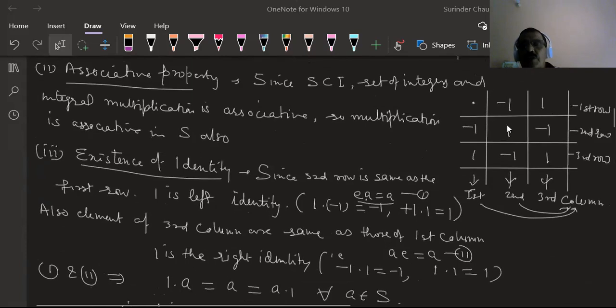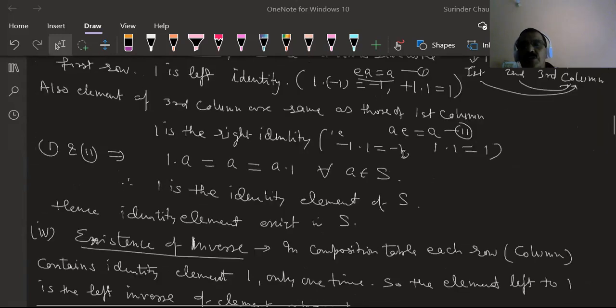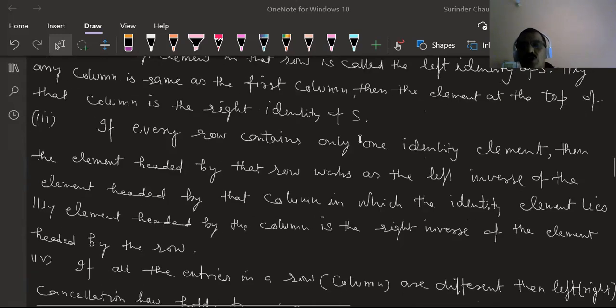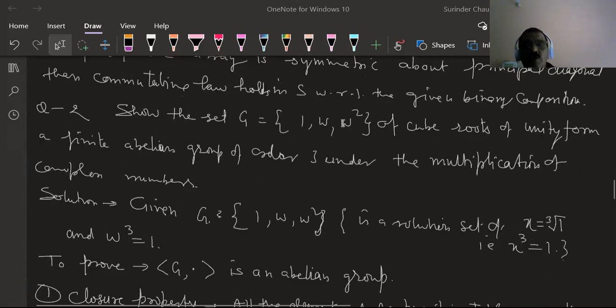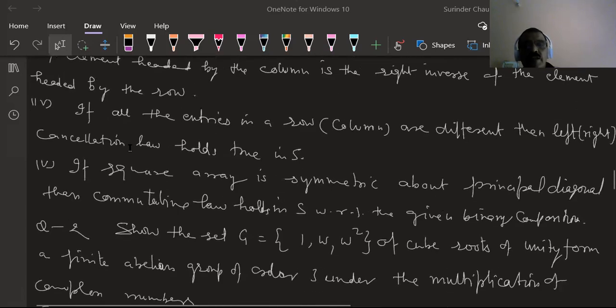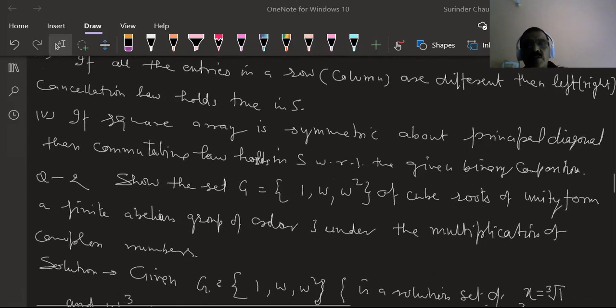If this holds in the composition table, then we say that the left as well as the right cancellation law holds true. In the square array, if the square array is symmetrical about the principal diagonal, then the commutative law holds in S with respect to the given binary operation.